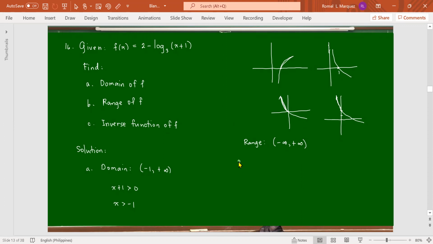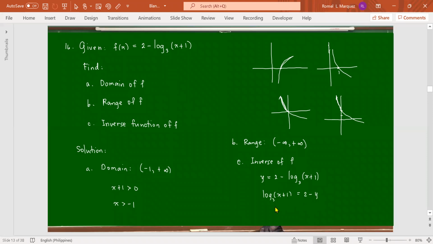Inverse. So for letter C, inverse of f. Let y be equal to 2 minus log of x plus 1 to the base 3. So log of x plus 1 to the base 3 is equal to 2 minus y.